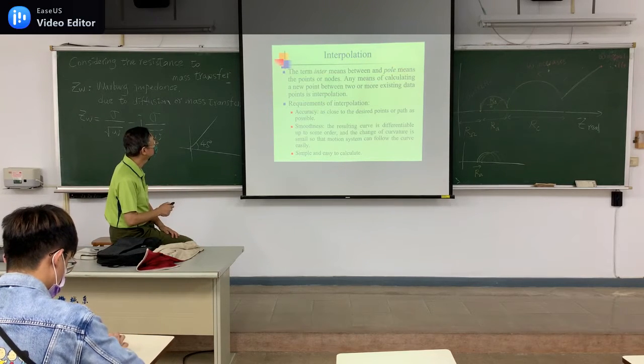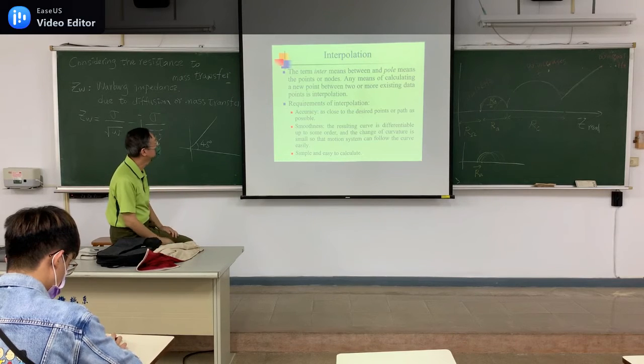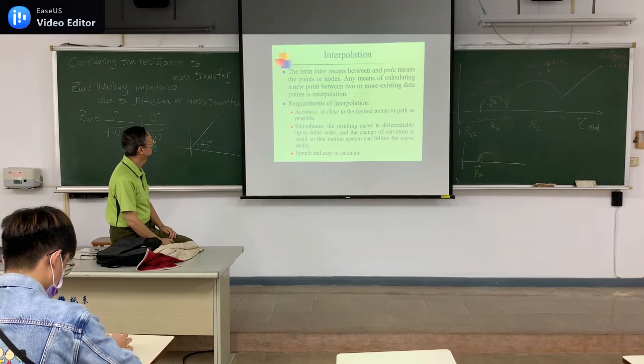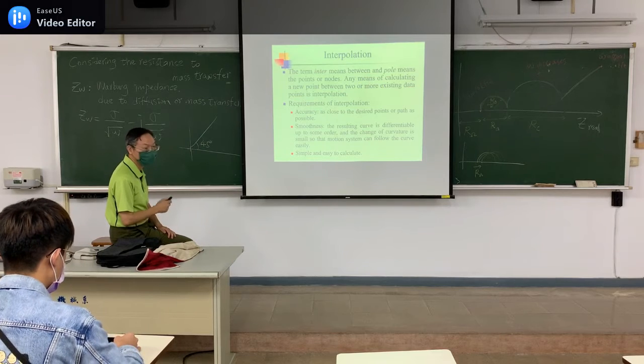Pole means the points or knots. So interpolation actually is between points. Between points. Okay. So any means of calculating a new point between two or more existing data points is called interpolation.